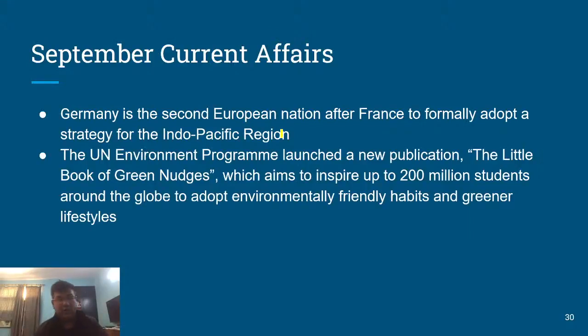way of thwarting that. The UN, meanwhile, the UNEP, which is the United Nations Environment Program, they've launched a new publication called Little Book of Green Nudges. This aims to inspire up to 200 million students around the globe to adopt environmentally friendly habits and greener lifestyles.